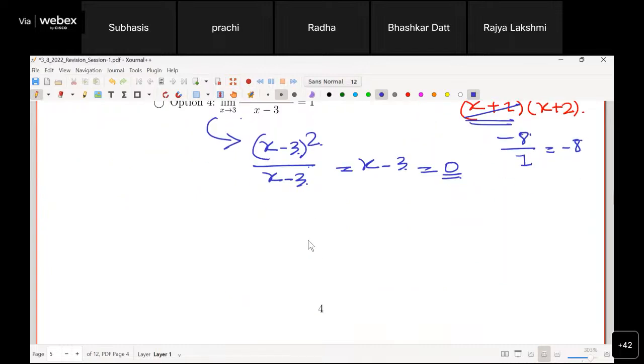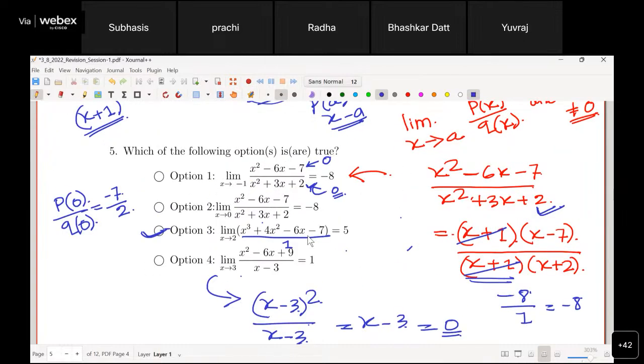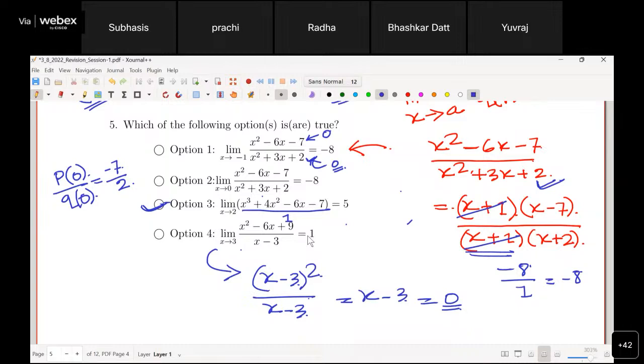Sir, in option 1 the limit is x tends to -1, then we can directly apply -1 instead of x? Yes, we have to substitute -1.